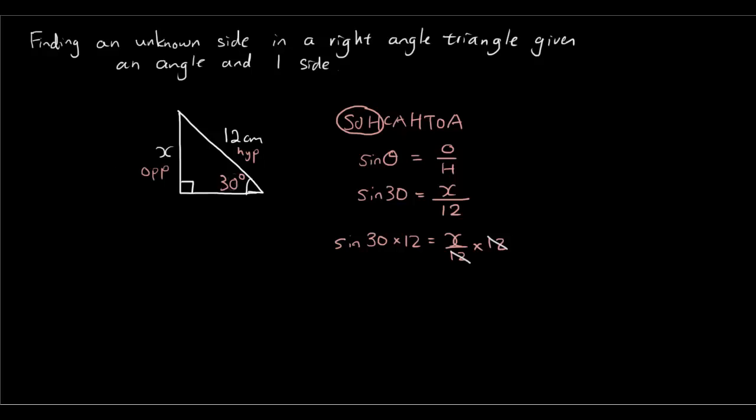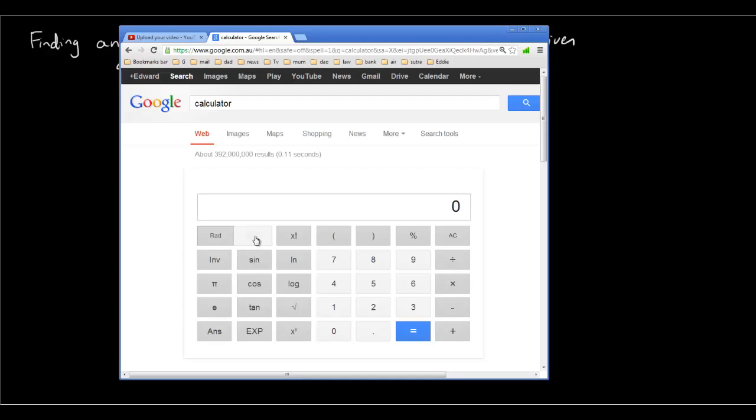So what you do now is type in the calculator sine 30 times 12. Make sure your calculator is in degrees mode, and then you type in sine 30, bracket, times 12, equals 6.